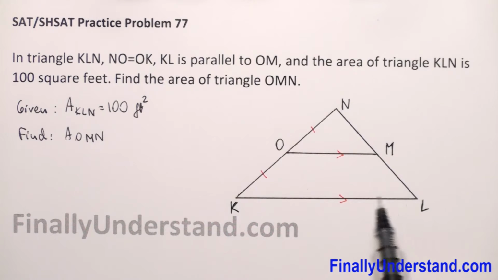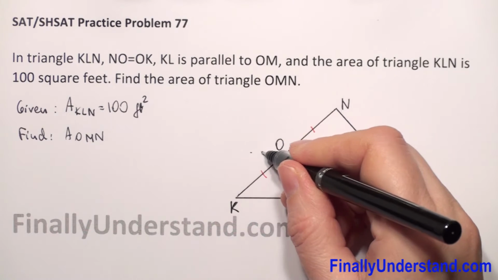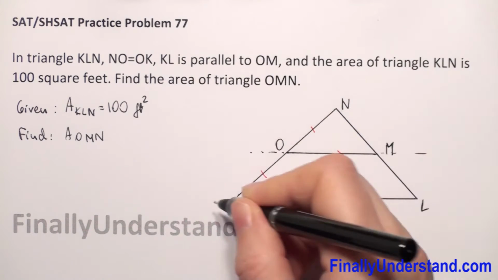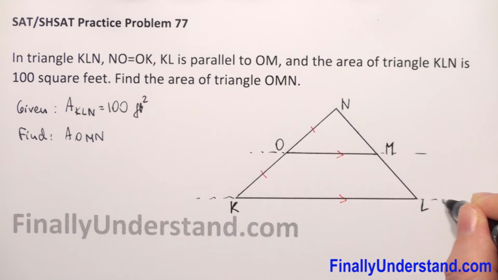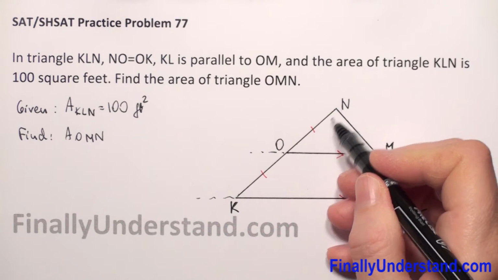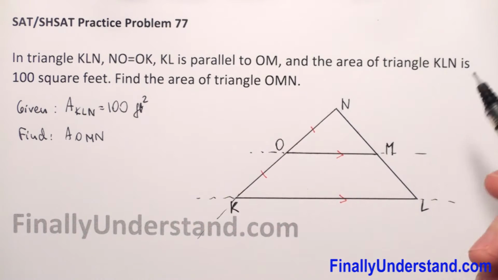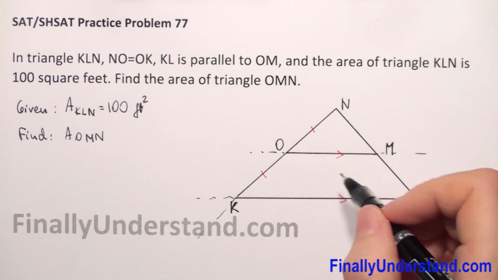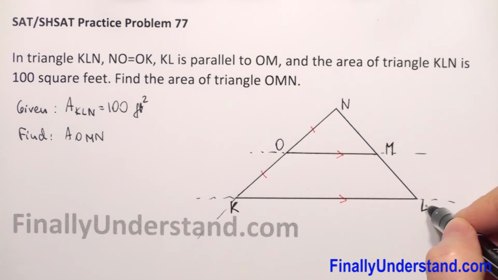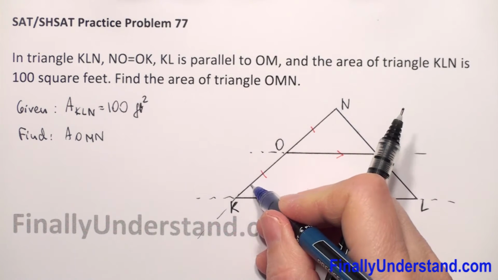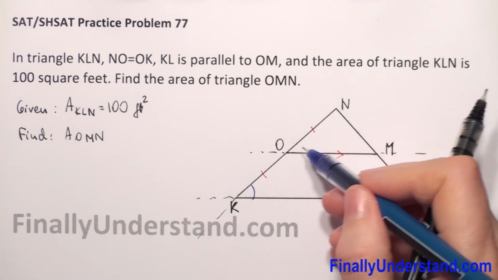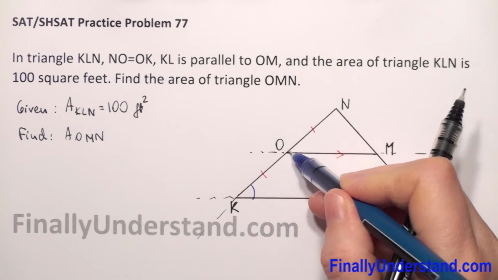Because KL is parallel to OM, if we extend these lines, we see that they are cut by line NK. Because OM is parallel to KL, the angle K is congruent to angle NOM.